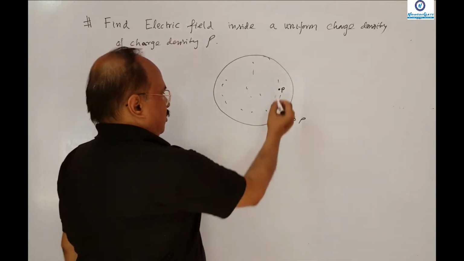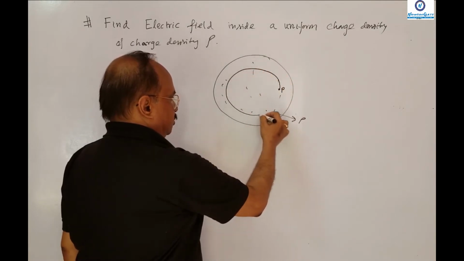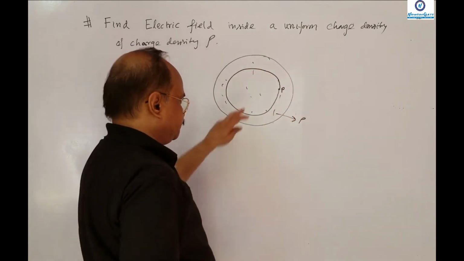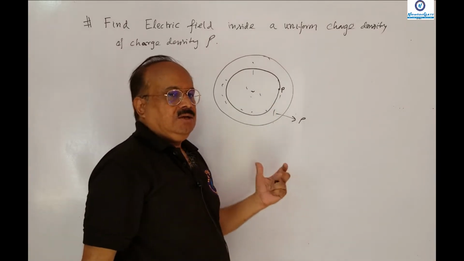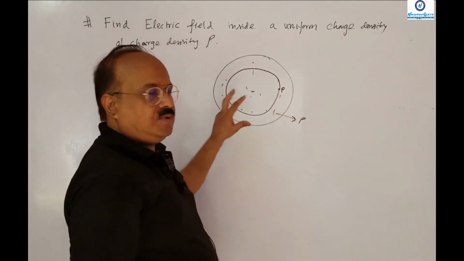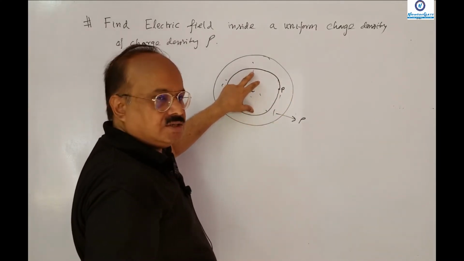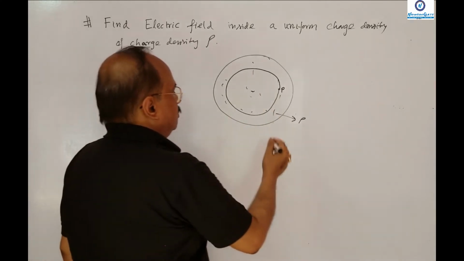What I have to do is pass a Gaussian surface through this point P, which encloses this volume. Now, according to Gauss's law, the flux coming out of this Gaussian surface is equal to how much charge is enclosed inside it.